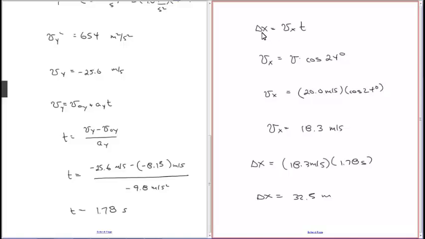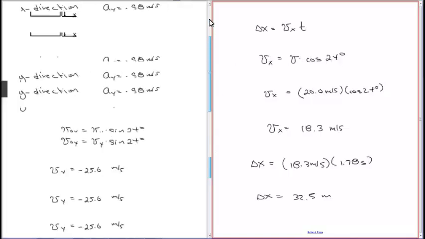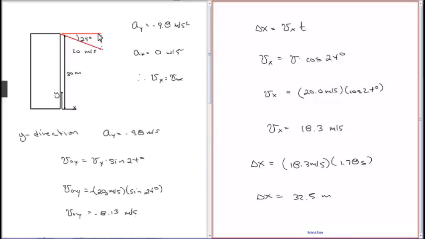The x component of velocity is equal to the original velocity times the cosine of 24 degrees, because the horizontal is the adjacent side. So we use the property associated with the adjacent side, which is the cosine. So we take 20 meters per second times the cosine of 24 degrees, gives us 18.3 meters per second. So that's our x component. We multiply that by the time, gives us the x change in displacement of 32.5 meters.